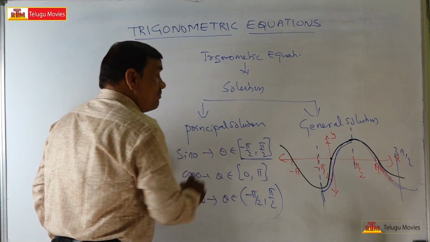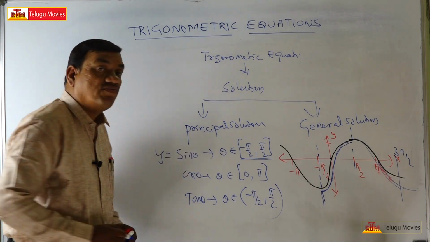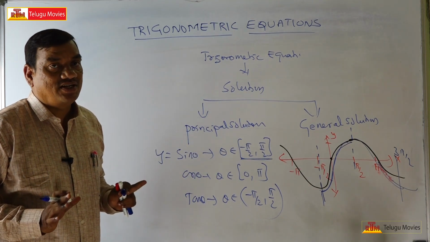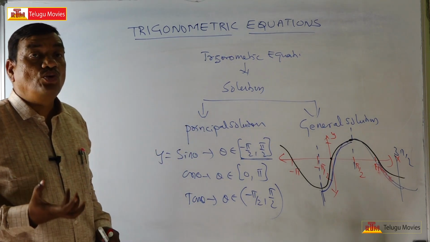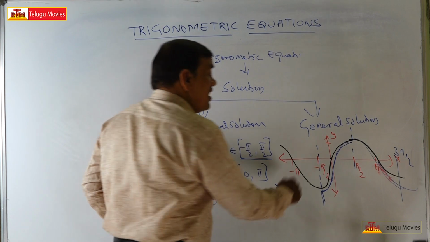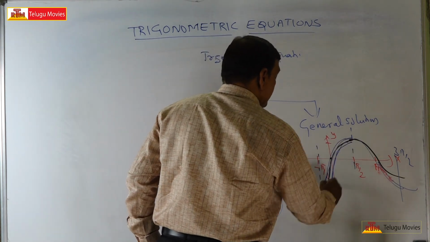Understand this? From minus pi by 2 to plus pi by 2, y is equal to sin theta function is a bijection. So the first principal solution we have to take from the interval minus pi by 2 to plus pi by 2. This interval only we have to take.